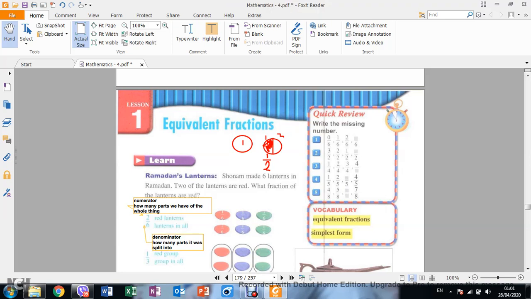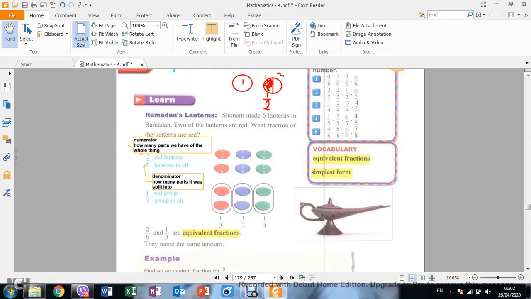Okay, now I have this example. Shona made 6 lanterns in Ramadan. 2 of the lanterns are red. What fraction of the lanterns are red? Look, how many lanterns do I have?